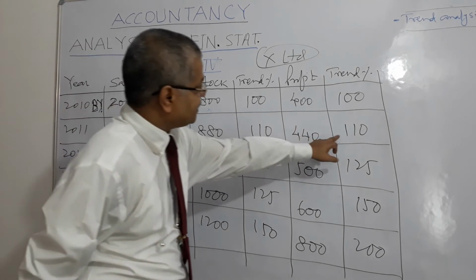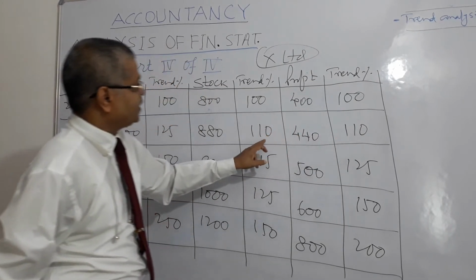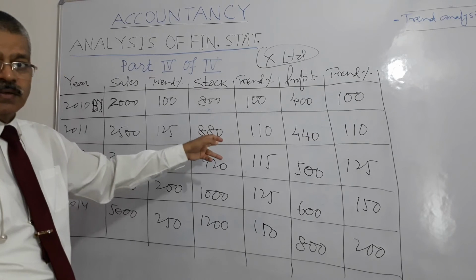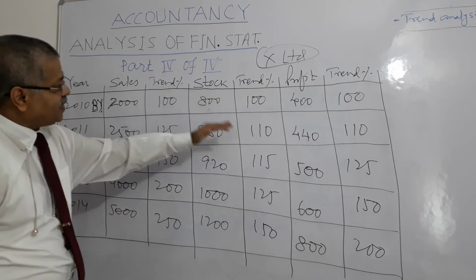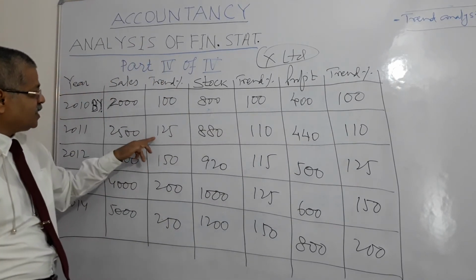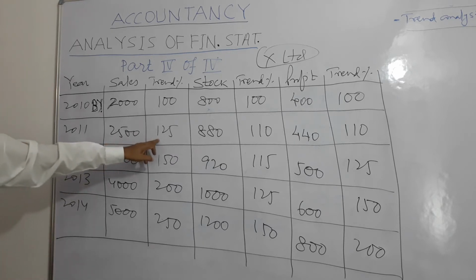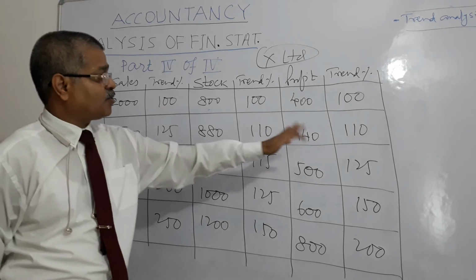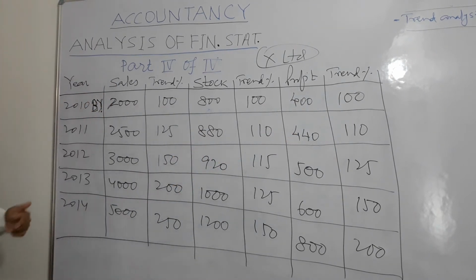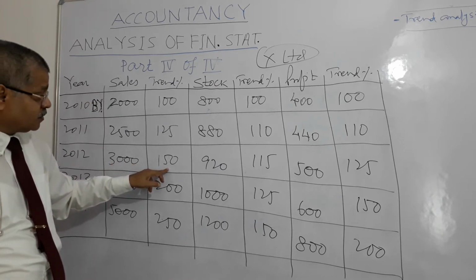And when we see the trend in profit, the trend in profit is in line with the trend in stock. But the trend in stock and the trend in profit remain below the increasing trend in sales. It has become 125, whereas the stock and profit have become only 110. Next year we see sales have become, in comparison to base year 2000, 3000, means 150%, right?